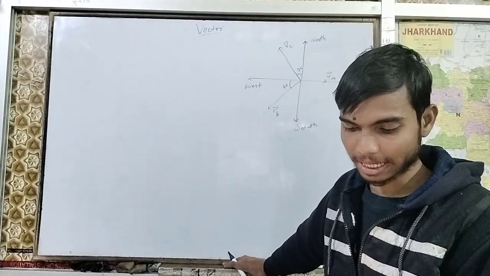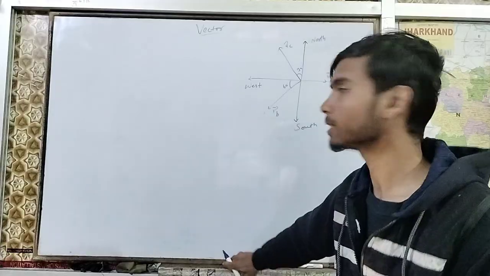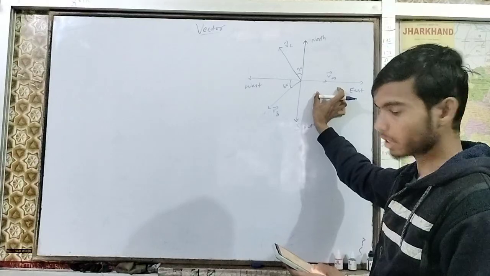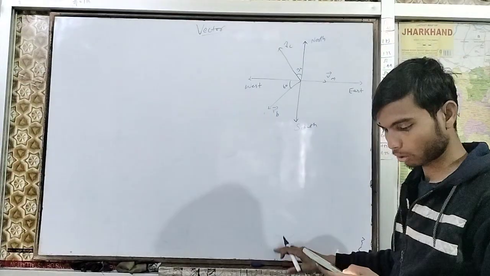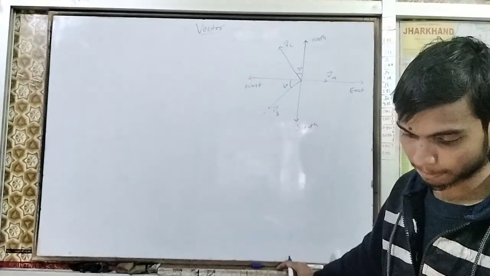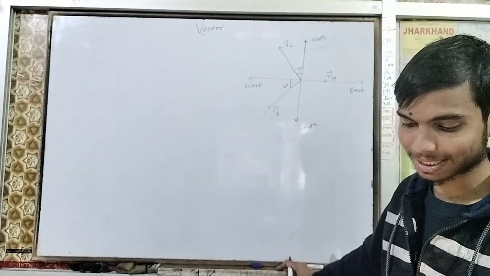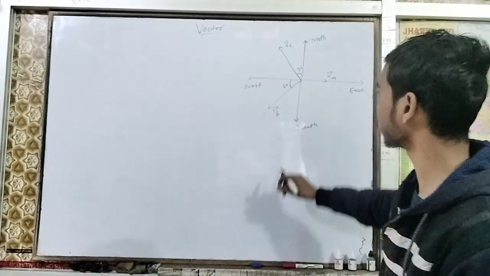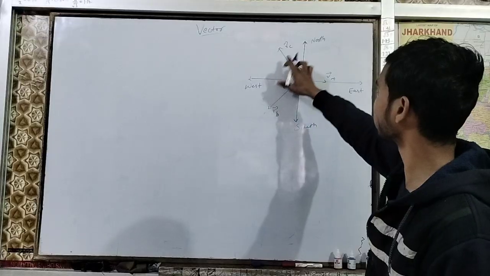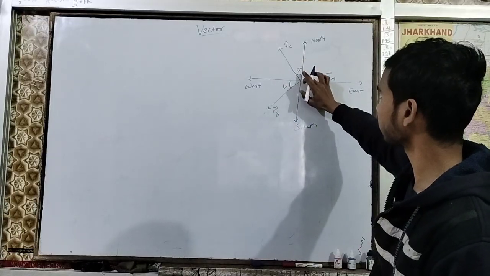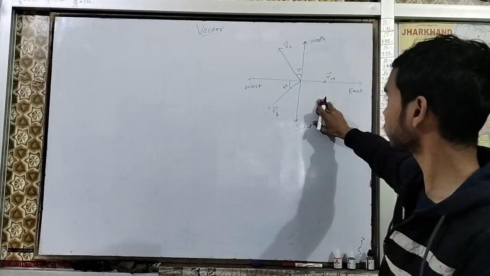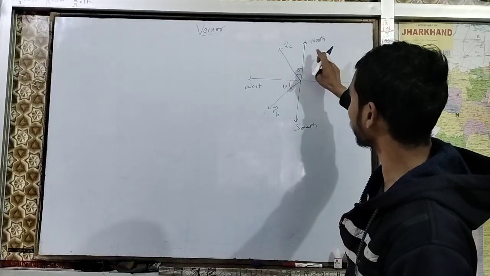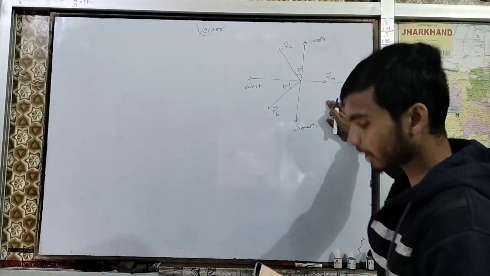So the question: Vijay walks towards east with a certain velocity. A jeep is traveling along a road which is 30 degree west of north. The jeep is going in this direction, west of north by an angle of 30 degree.